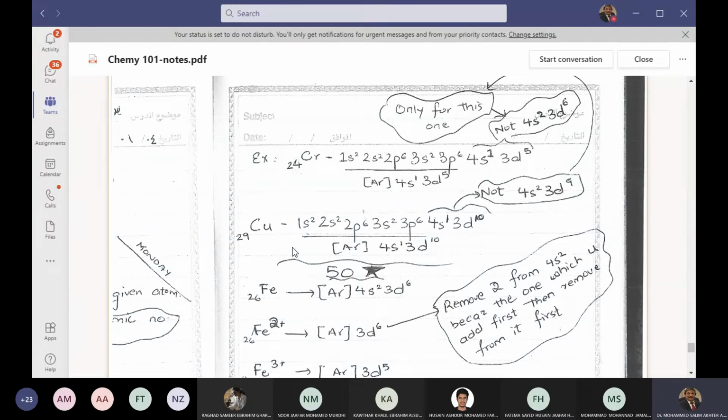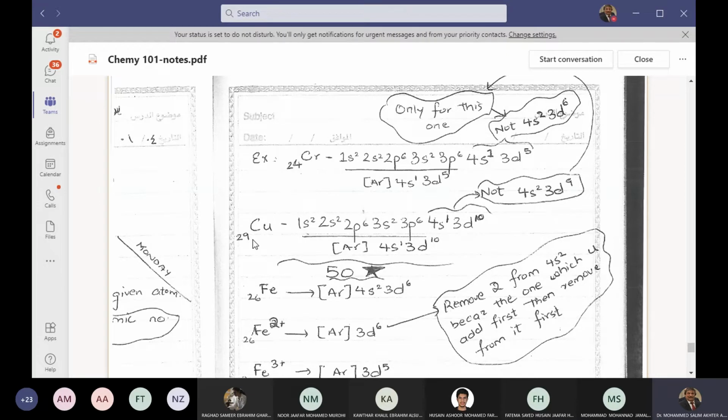So what is so special? Generally, you write 4s2 and then whatever 3d is remaining. But for chromium and copper, because of their stability, D5 and D10: 4s1 3d5 for chromium, 4s1 3d10 for copper. This is only for chromium and copper.